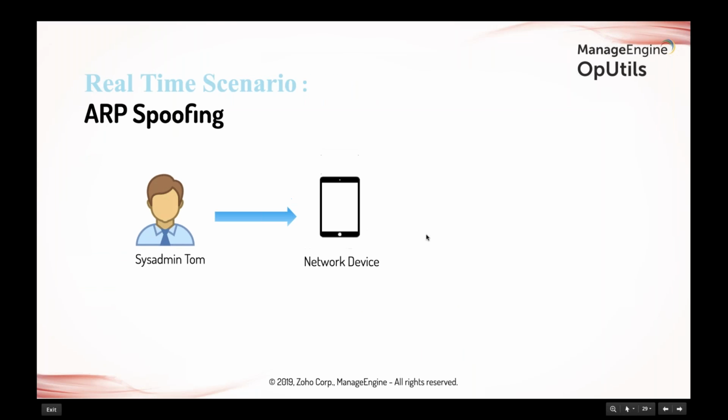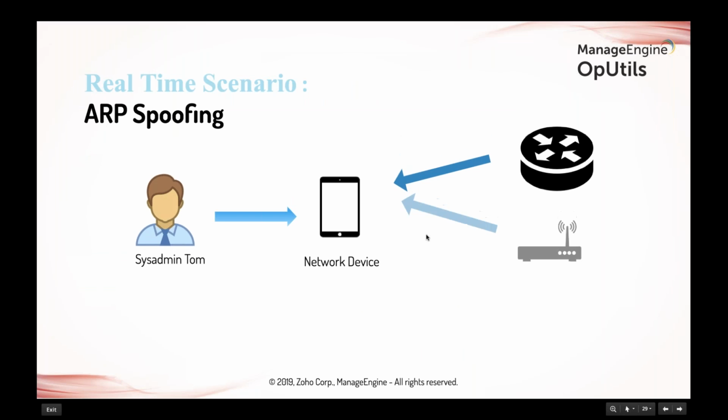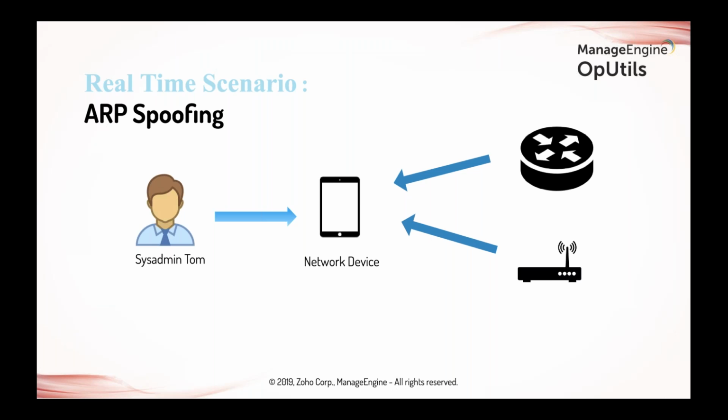So how exactly does this rogue detection help you out? There can be scenarios where two devices are mapped to one IP address, which is known as ARP spoofing, and you'll be notified when OpUtils scans for rogue devices. OpUtils will identify that ARP spoofing has occurred, that is IP duplication, and you'll receive an email accordingly.